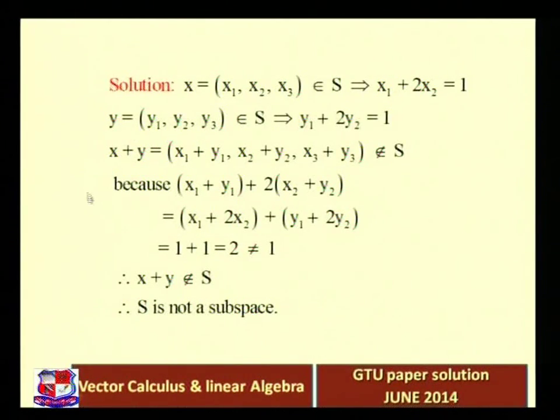So to prove x plus y belongs to S, we have to check that, but that does not happen here. So that's why x plus y does not belong to S, and S is not a subspace.